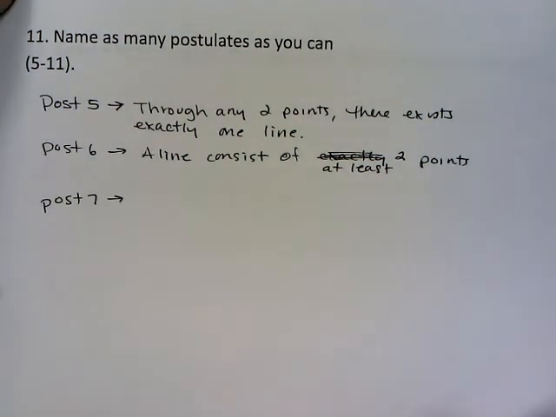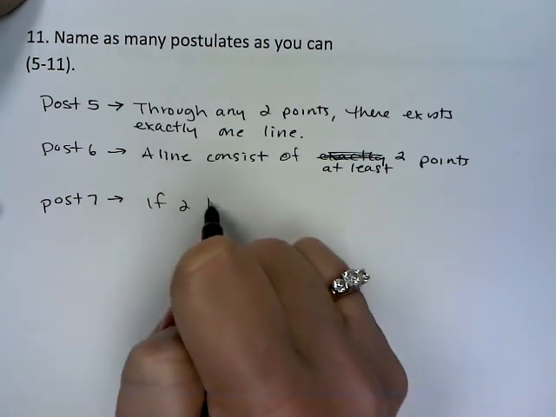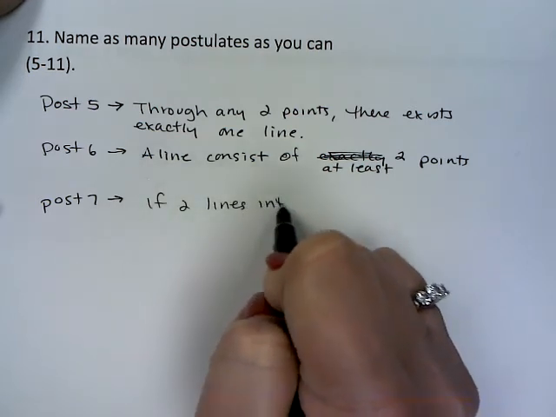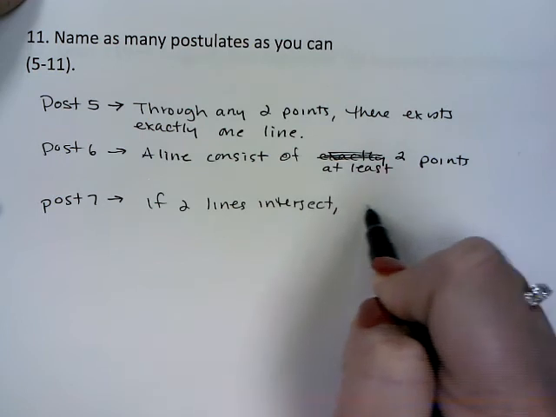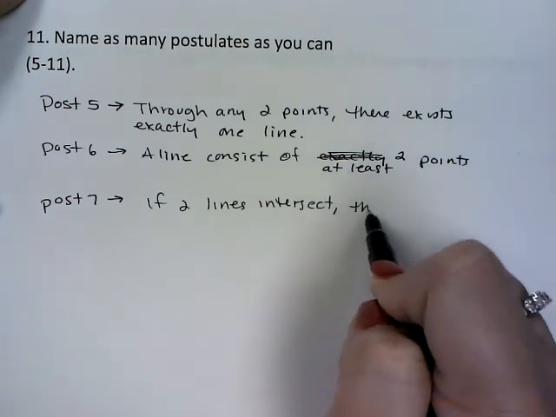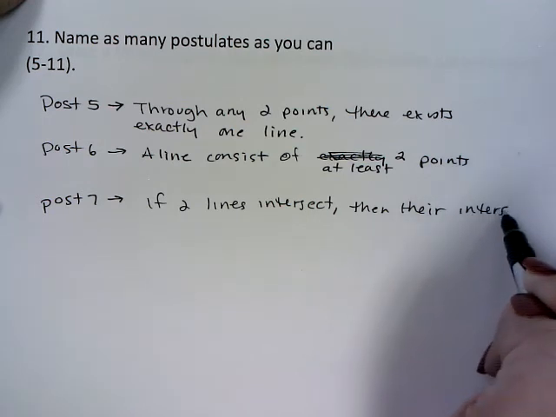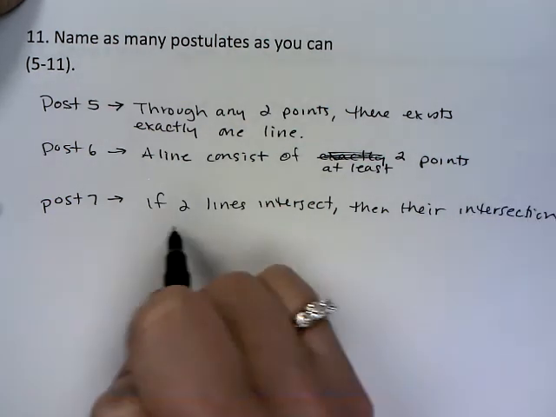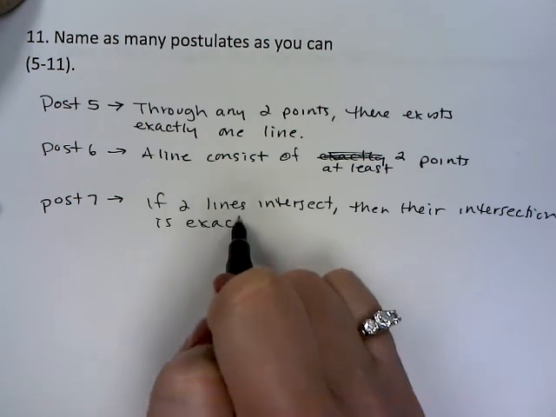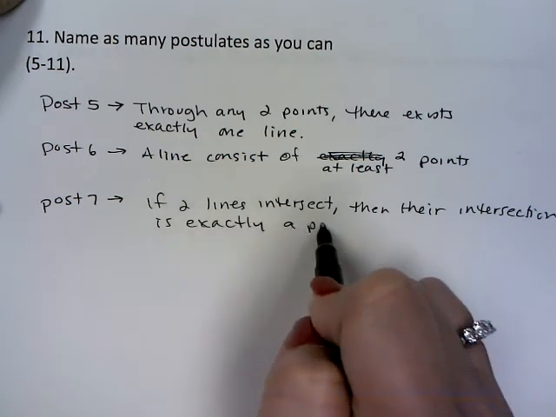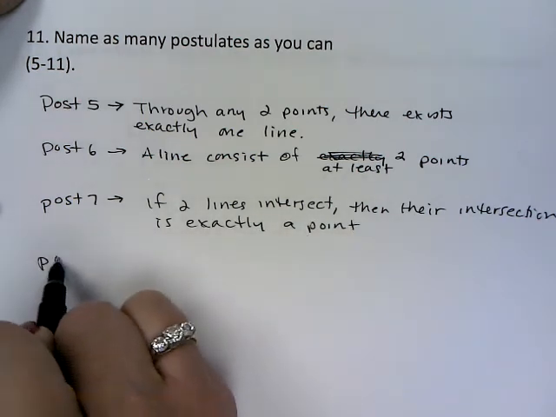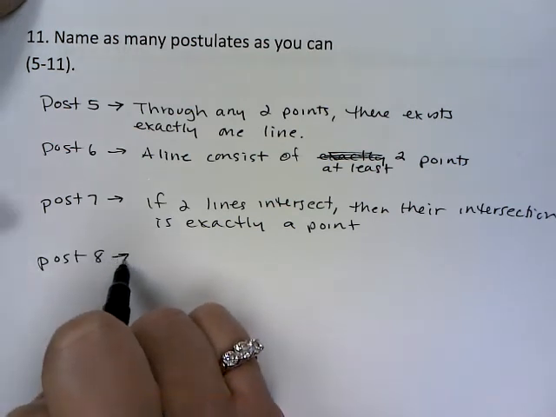Okay, postulate 7. If 2 lines intersect, then their intersection is exactly a point. Postulate 8.